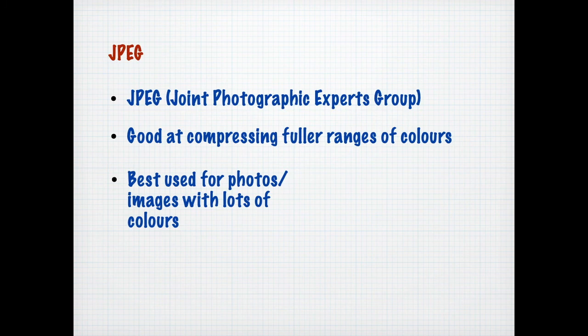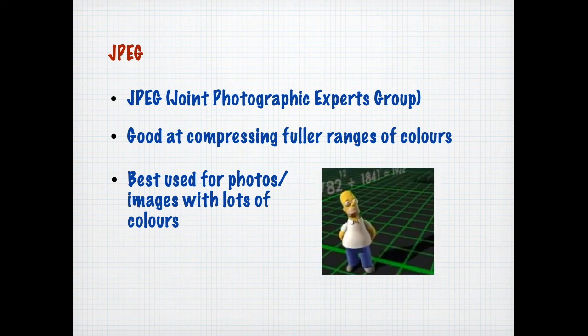JPEG, as you can see, came out of the Joint Photographic Experts Group, and it was much better at compressing a fuller range of colours, representing a fuller range of colours. So that's why you can see that JPEG is often used with photographs. Images where you're dealing with 30,000 colours or 100,000 different colours, different shades and aspects of colours.